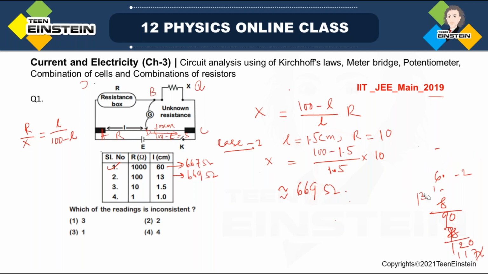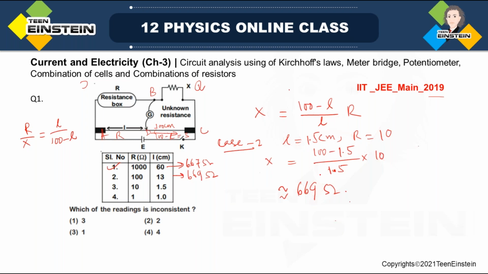Let us erase everything here. Okay, so if we just calculate this similarly, what would we get here?